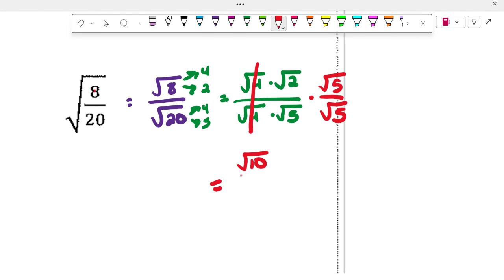Square root of 10. What's the square root of 5 times the square root of 5? 5. Is there anywhere else I can simplify? Does 10 have any perfect square factors in it? 2 is definitely not a perfect square. Nope. So we're done.